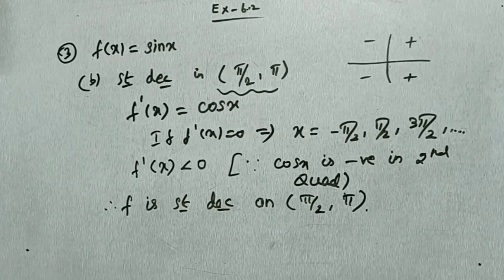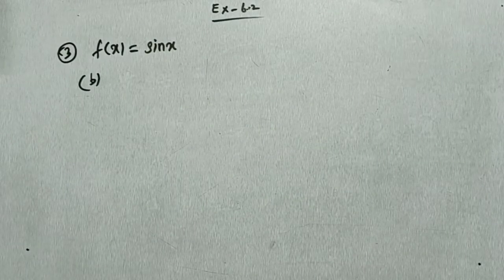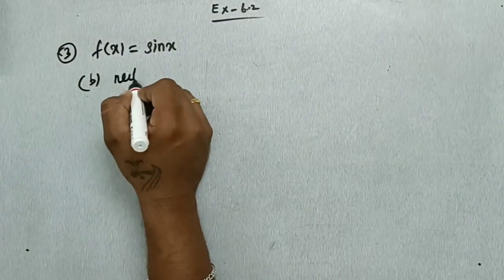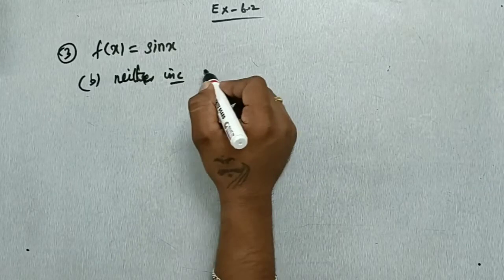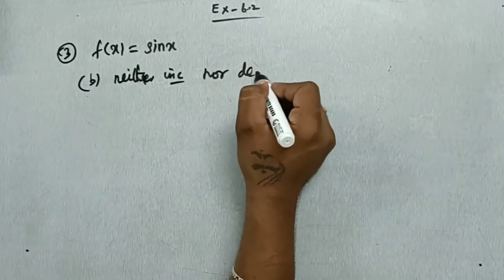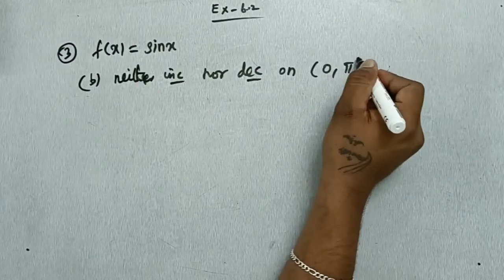Now question C. What is given? Neither increasing nor decreasing on 0 to pi. The same sin x, we need to show that it is neither increasing nor decreasing on the interval 0 to pi.